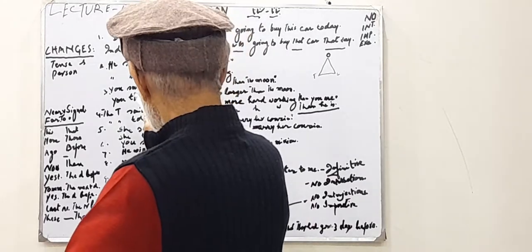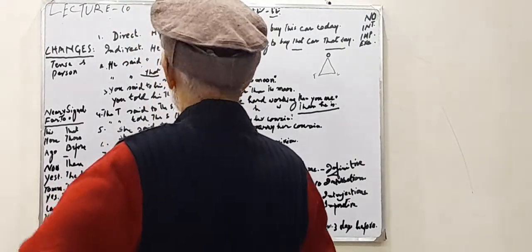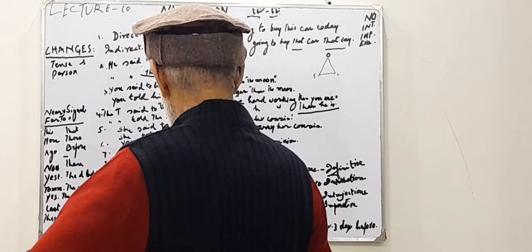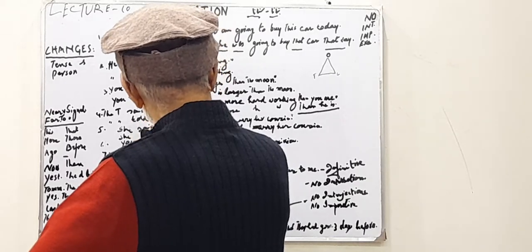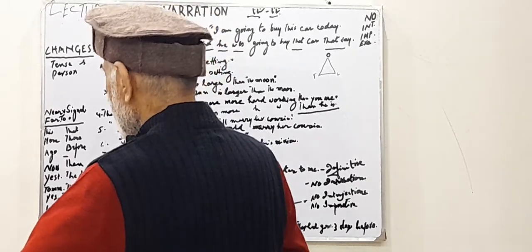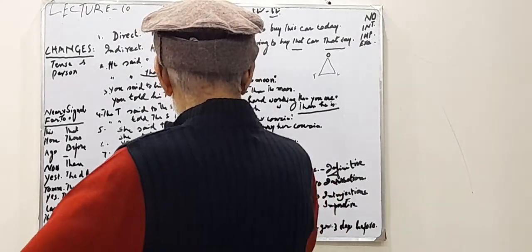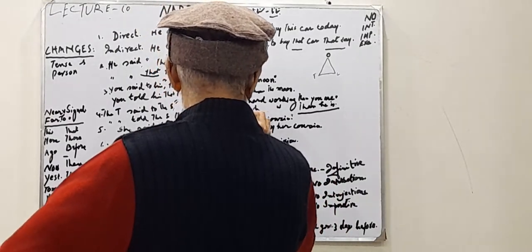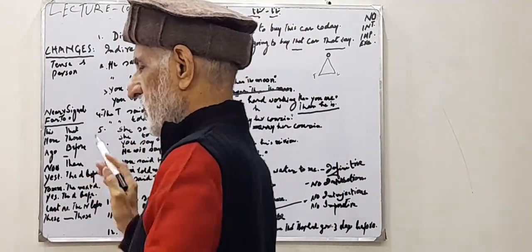There is past outside and there is present inside. We have changed only told in place of said. The sun is larger than the moon: no change.